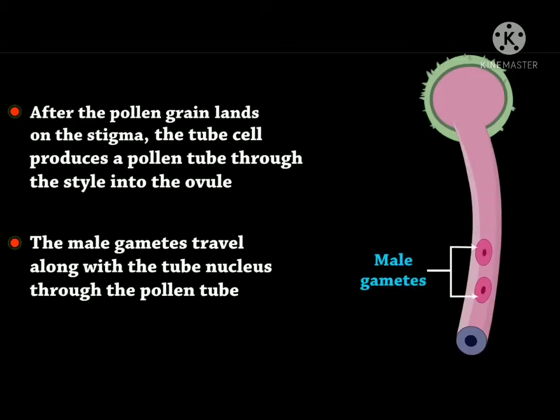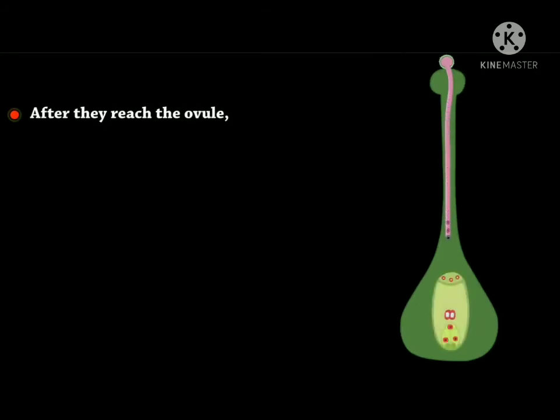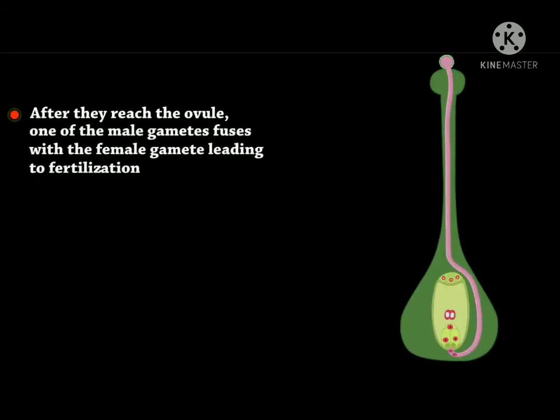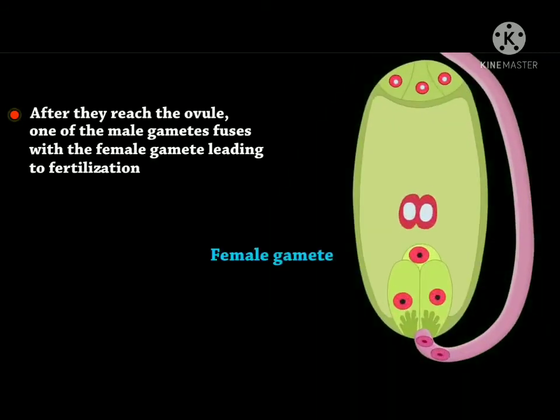When these male gametes come in contact with the ovule in the ovary, they penetrate as the diagram shows. There they undergo fertilization with the female gamete and result in formation of the zygote and the seed.